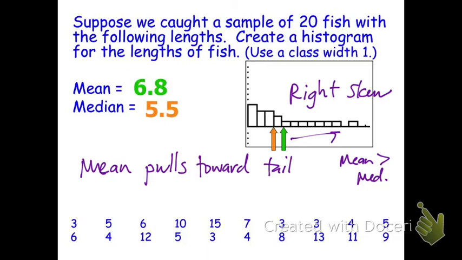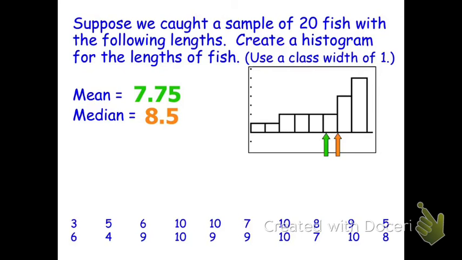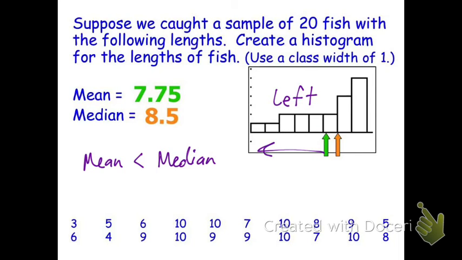On the third set of data, you had a left skew, so the mean is going to be what? Less than the median. In a left skew, mean is less than median, because the mean pulls towards the tail, which is the lower side of values.